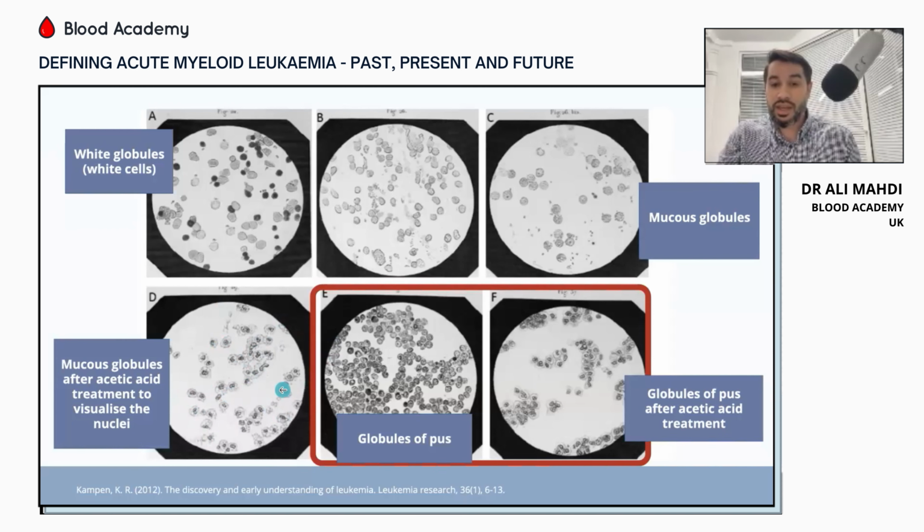And what you could see here was that in F, after treatment with acetic acid, there are a number of white cells, a number of nucleated cells, and there are various different differentiation steps. So you've got some larger cells, some slightly smaller cells. You've got some cells which have a slight indentation to the nuclei.